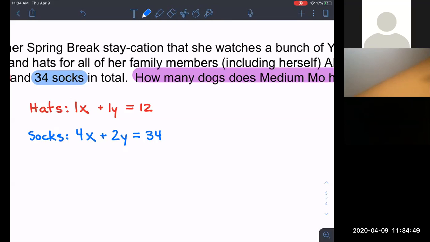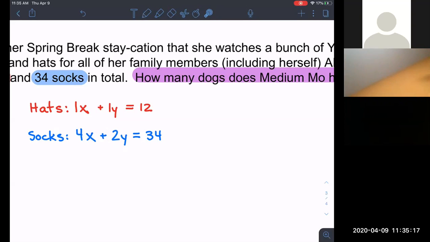Can we add them together now? Will we eliminate one variable? No. Here we'll get 5x and here we'll get 3y, and then we won't be able to solve that resulting equation. So we need to change this top equation to get opposite coefficients on either x or y.